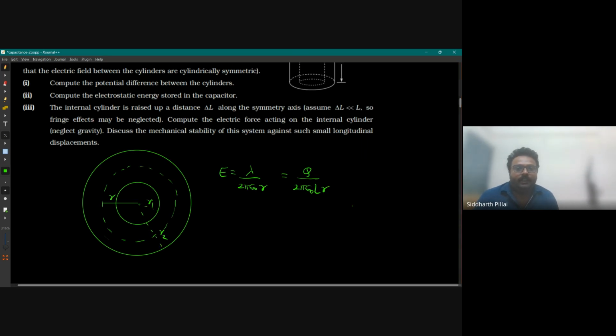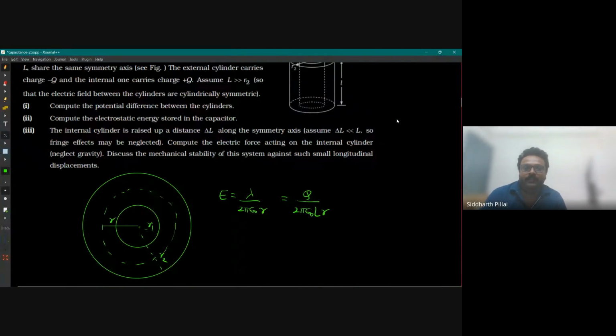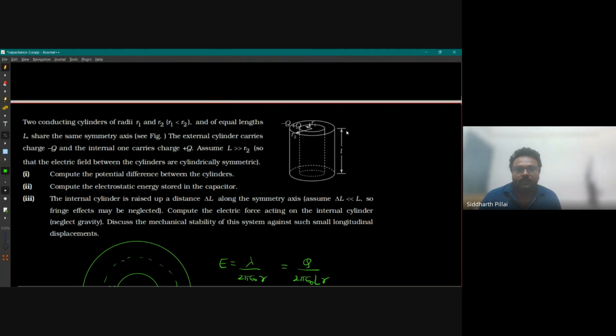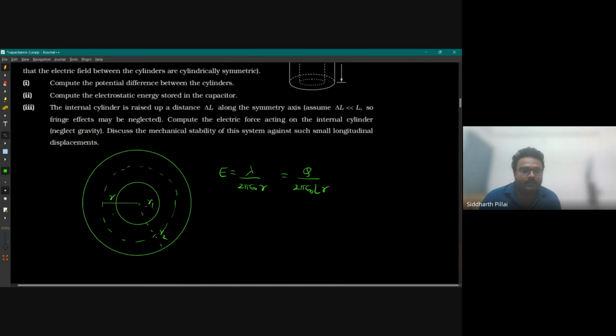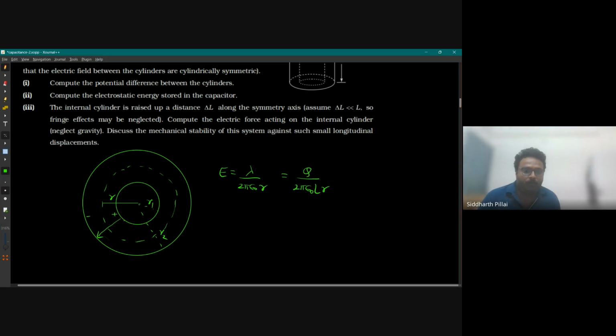Now, if we integrate this, we will get the potential difference. So we'll integrate this field from R1 to R2 or R2 to R1, whichever way you want to go. Inside is positive, outside is negative. So the field goes radially outward, which means the potential of the inner cylinder would be greater than the outer cylinder.